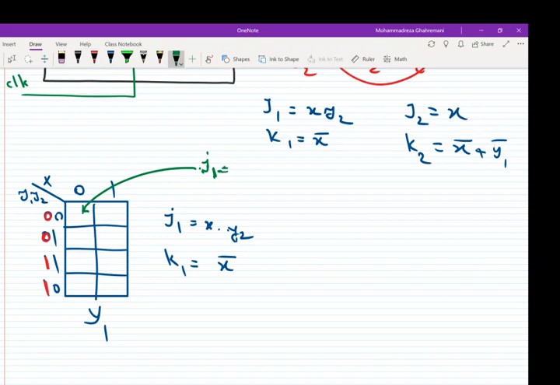X and y2 both are 0, so j1 is 0. What is k1? I don't know why my pen is not working properly. K1, just give me a minute.